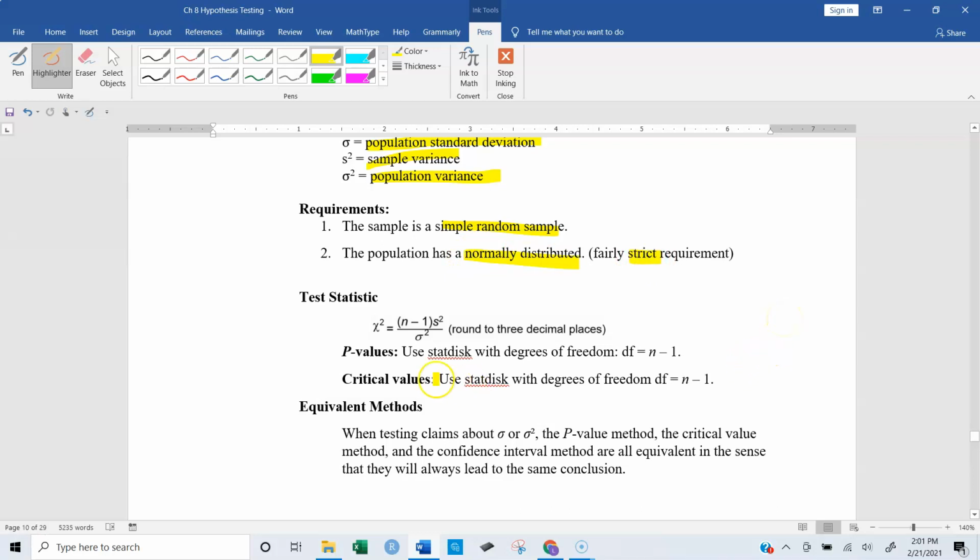Our test statistic for chi-squared is n-1, like your degrees of freedom, times your s-squared over your variance. We're going to find p-values from StatDisk again. Remember, your degrees of freedom are always n-1. Your critical values again will be from StatDisk, with degrees of freedom of n-1.